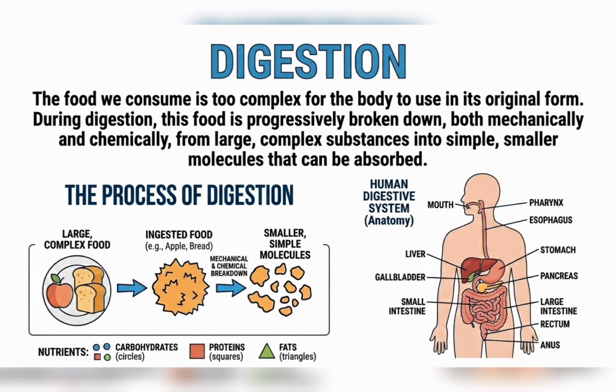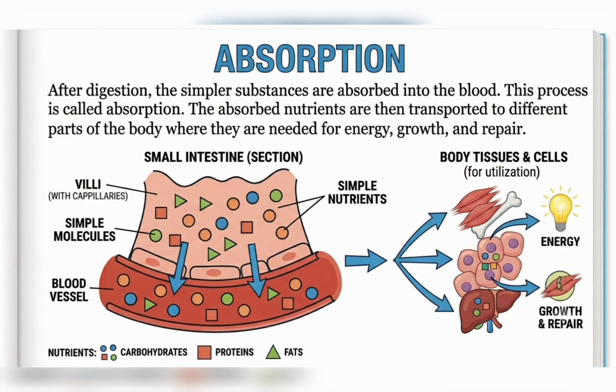Now let's move to the third step of nutrition. The third step of nutrition is absorption. After digestion, the simpler substances are absorbed into the blood. This process is called absorption. The absorbed nutrients are then transported to different parts of the body where they are needed for energy, growth, and repair.